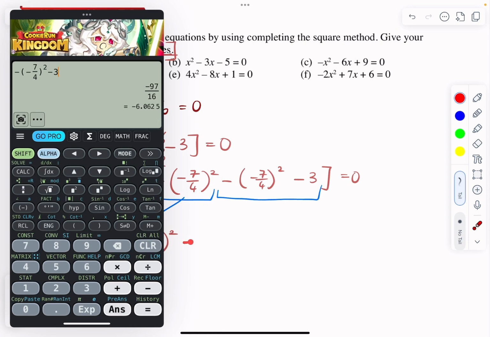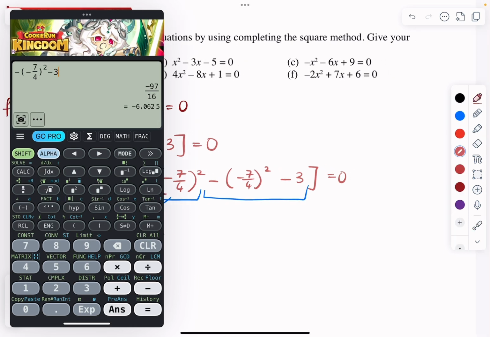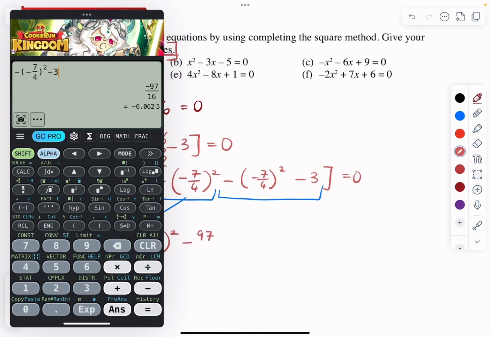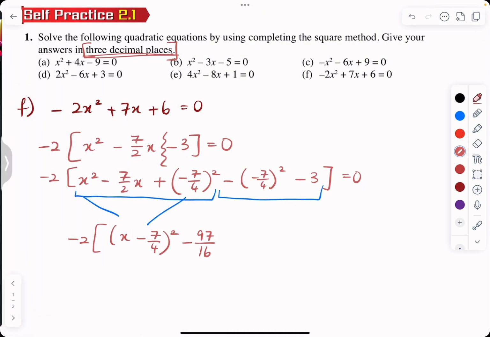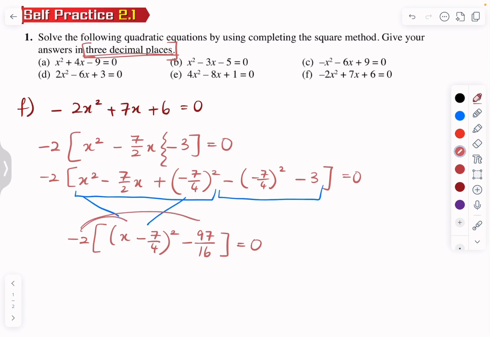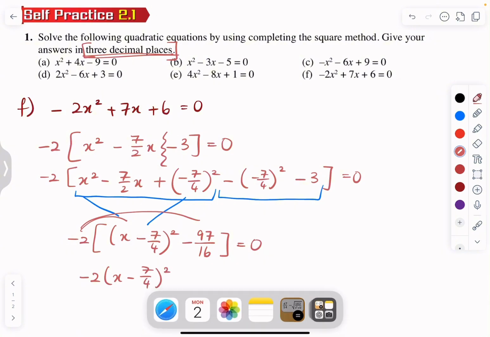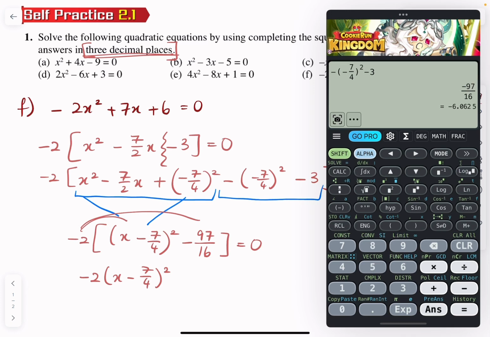So you get negative 97 over 16, equals to 0. Okay. Then we expand the negative 2 inside. So you get negative 2 times x minus 7 over 4 square. Then this answer times negative 2, we get plus 97 over 8.